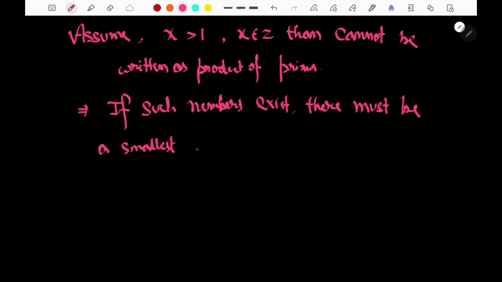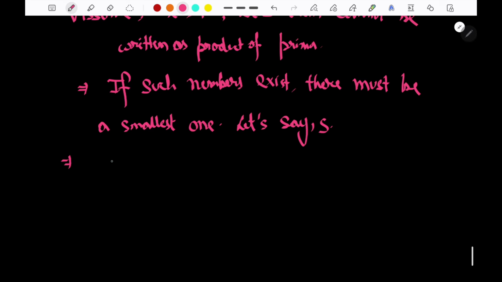If this type of number exists which cannot be written as a product of primes, there might be a series of numbers, let's say x1, x2, x3, x4, up to xn, but there must be some smallest one. So let s be the smallest one. Now what can we say about s?